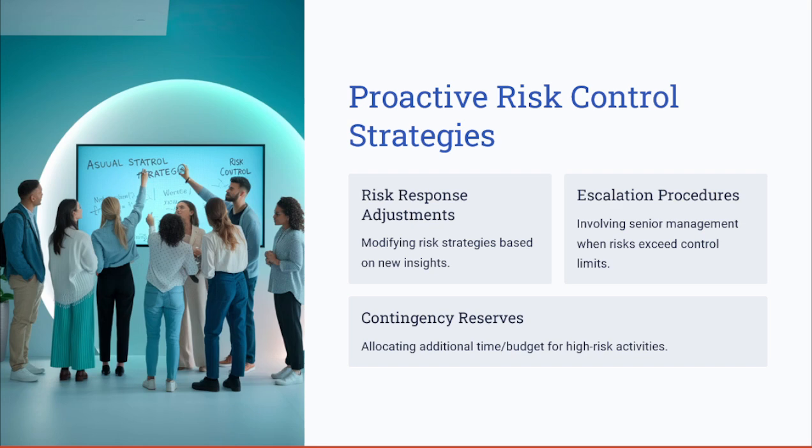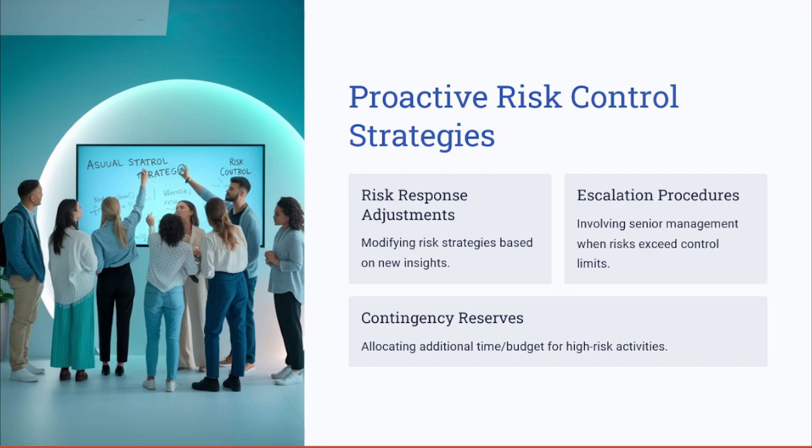Also, one of these important strategies we already talked about when we were doing the qualitative or the quantitative risk analysis, where we identified the risk impact in terms of cost. So you need to set these contingency reserves in terms of cost and time by allocating additional time or budget for the high risk activities.